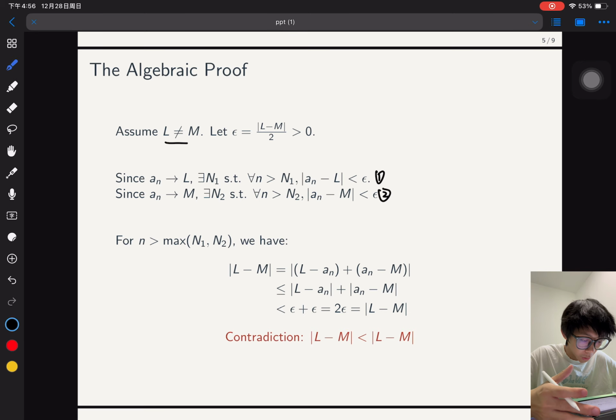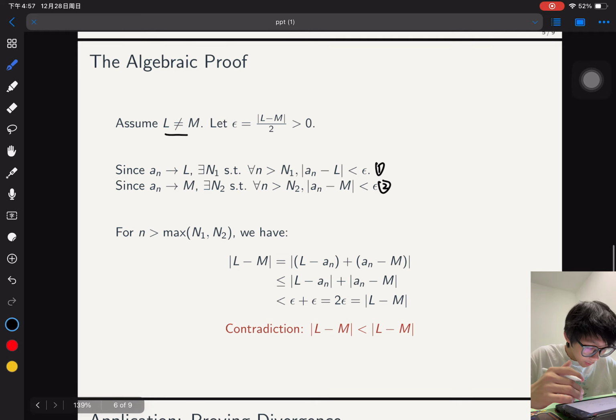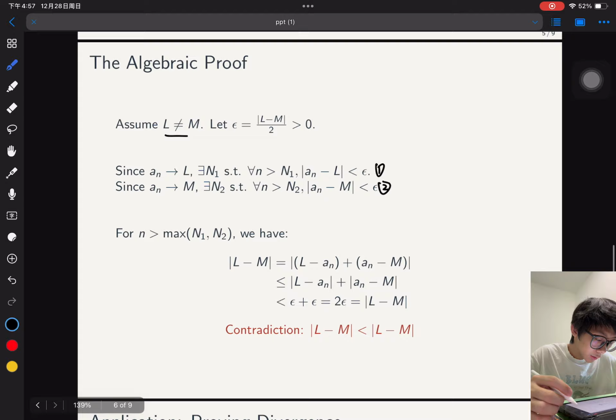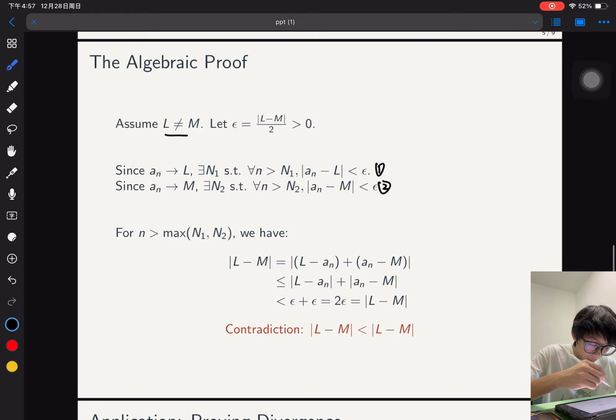But how can we choose the epsilon that suits the proof? We compute the following.